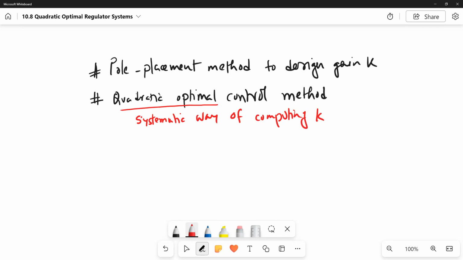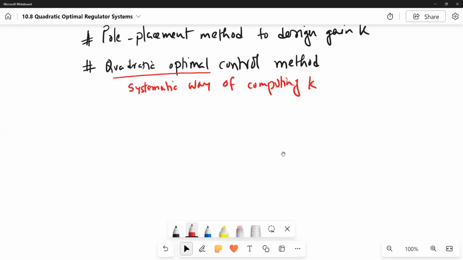So in this case, let's define the problem first, and then we'll try to solve it. The linear quadratic optimum regulator problem.